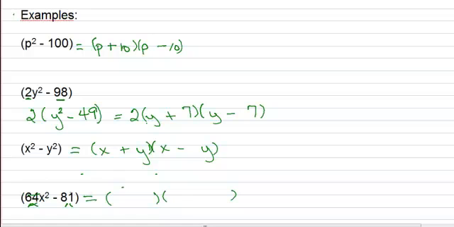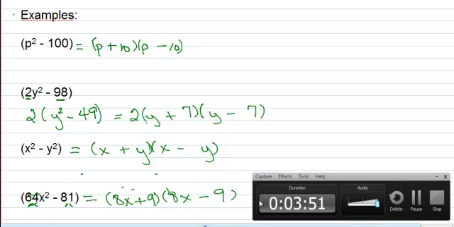So the square root of 64 is 8. And the square root of x squared is x. And the square root of 81 is 9. And then we just put in our plus and our minus. Okay, let's do a couple more.